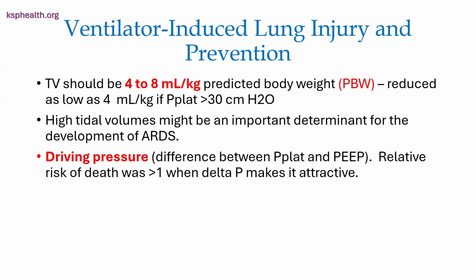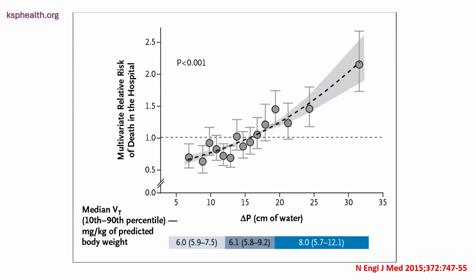Keep the driving pressures less than 15. This article published in 2015, as you can see, the mortality goes high when the driving pressure is more than 15. So whatever you do, either titrating up on the PEEP or titrating the tidal volume, make sure driving pressure is below 15.